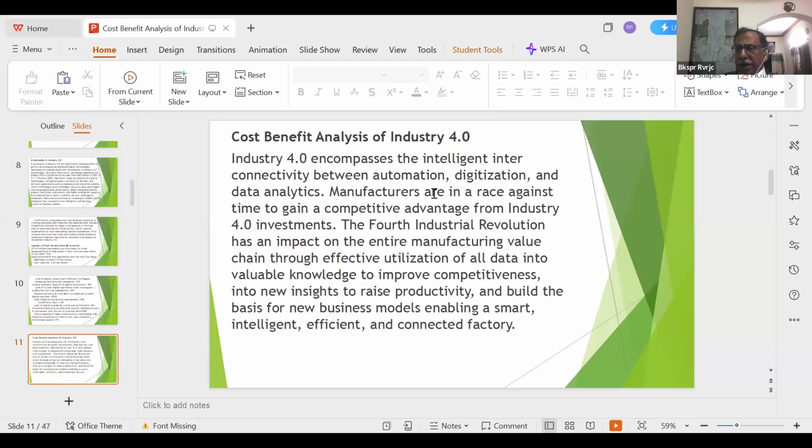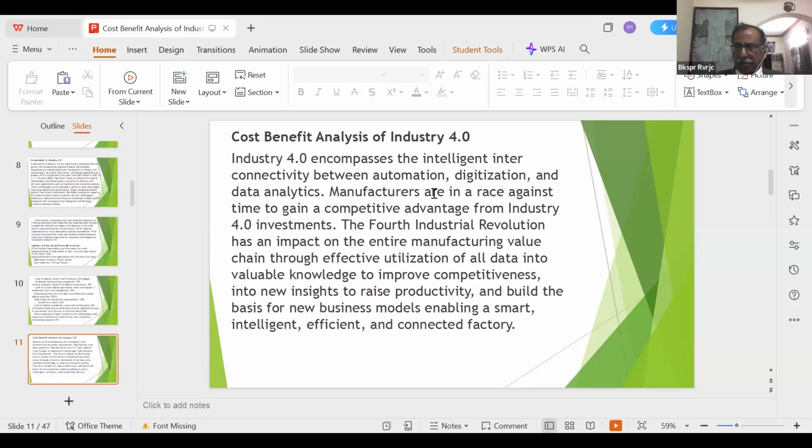Now we go for the cost benefit analysis of Industry 4.0. Industry 4.0 encompasses the intelligent interconnectivity between automation, digitization, and data analytics. Manufacturers are in a race against time to gain a competitive advantage from Industry 4.0 investments.